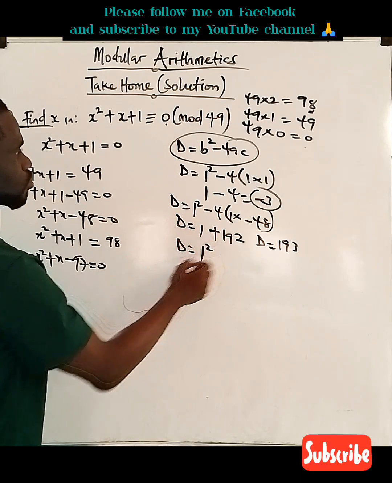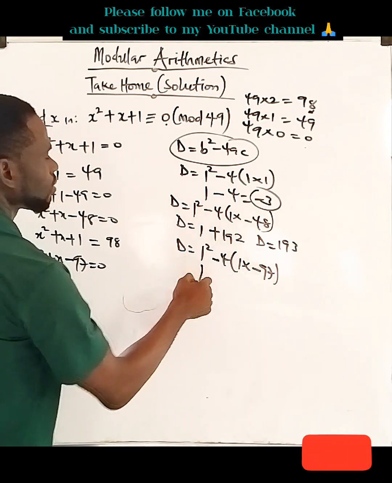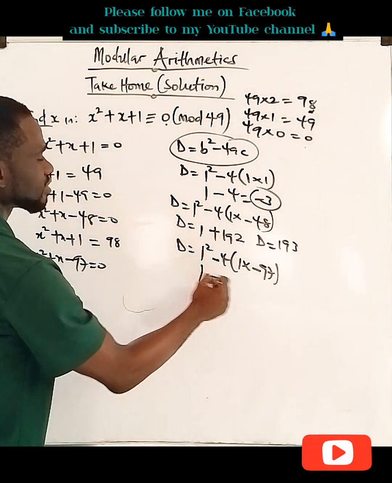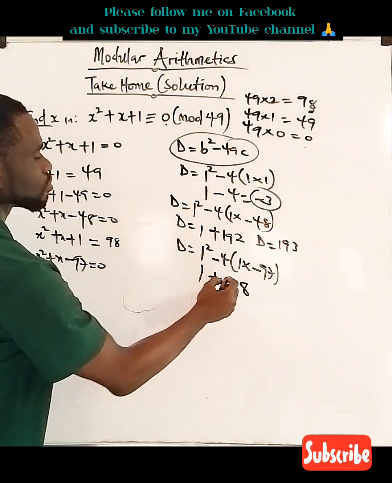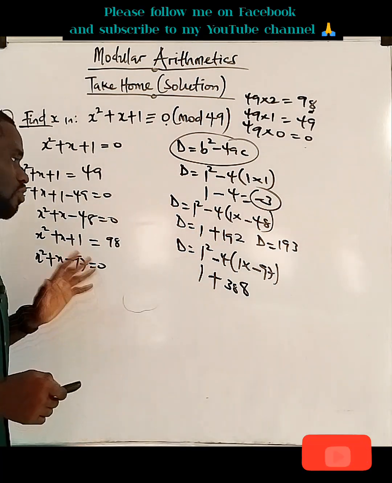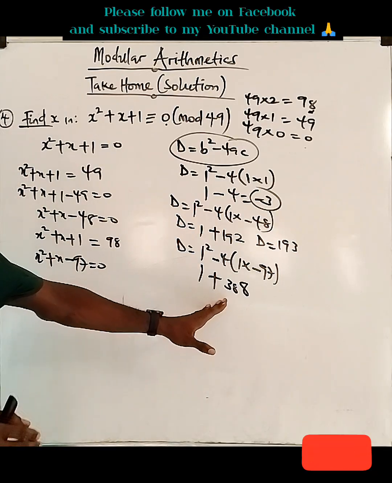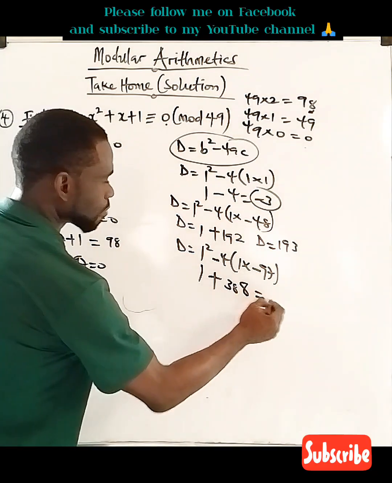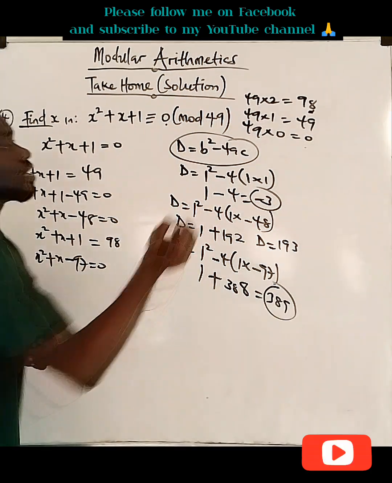So that's 1 squared minus 4 times 1 times minus 97. 1 squared is 1, minus and minus is plus, 4 times 97 is 388, and 1 plus 388 is 389. Using the formula method, minus b plus or minus the square root of the discriminant, we get the square root of 389. Let's see if 389 is a perfect square.